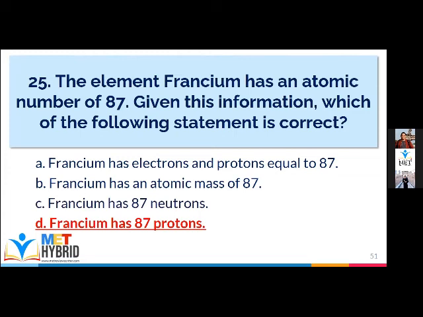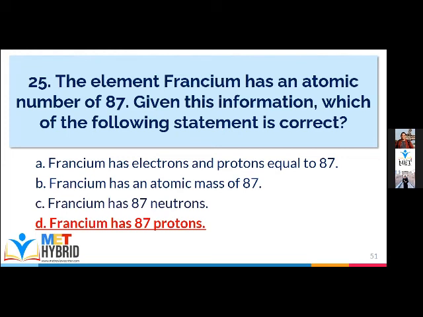How do you get the number of neutrons? You just have to derive your formula from the formula of atomic mass. Since atomic mass is equal to the number of protons plus the number of neutrons, rearranging gives the number of neutrons is equal to atomic mass minus number of protons.